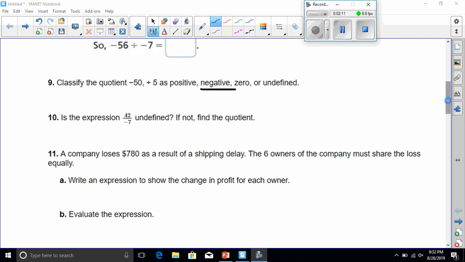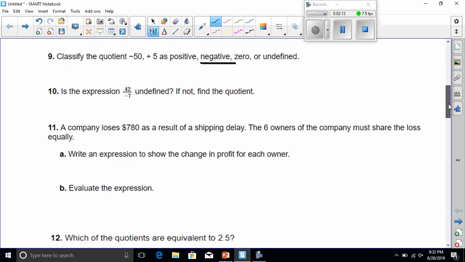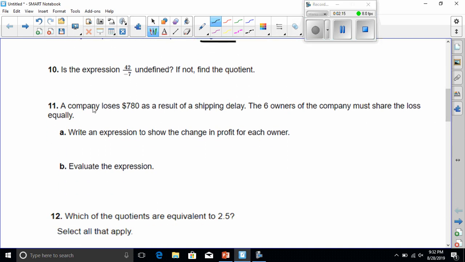So I say that was negative. All right, now we got number 11. A company loses $780 as a result of shipping delays. Loses is going to be a negative 780. The 6 owners of the company must share the loss equally. Write an expression to show the change in profit for each owner.